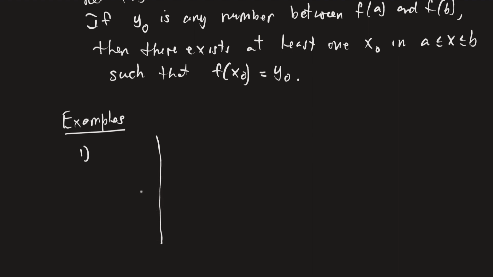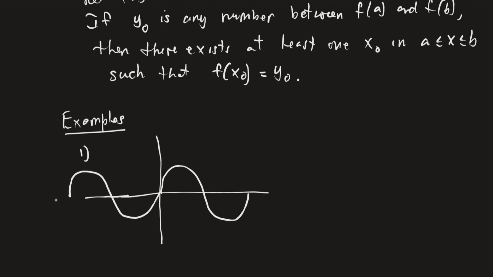When you think of your sine or cosine functions, right? So here is one period of sine, and then it would go back like that, and so forth. Okay, so let's say it goes like this, and we know what the range is.